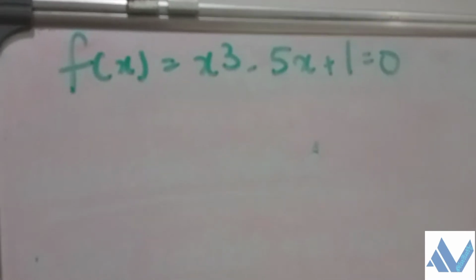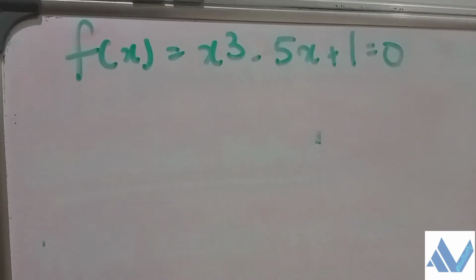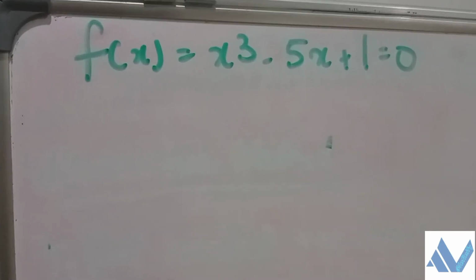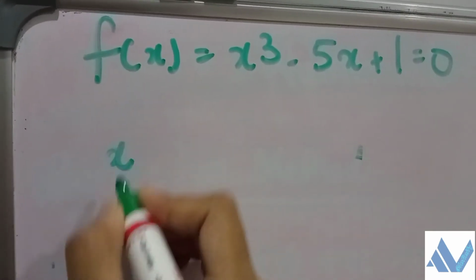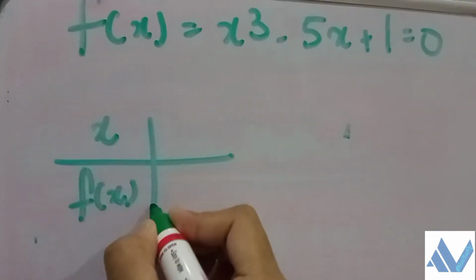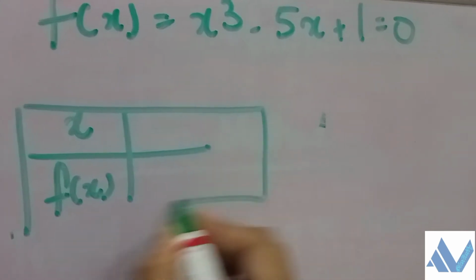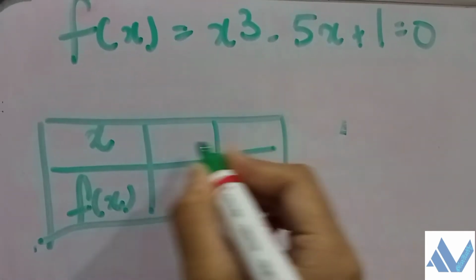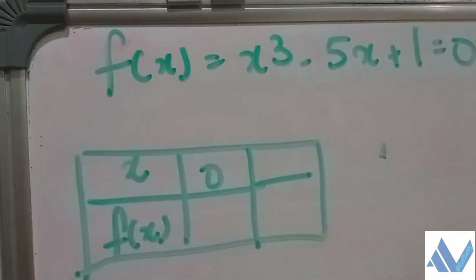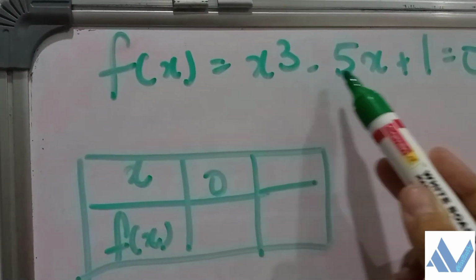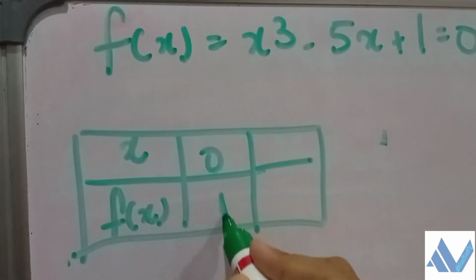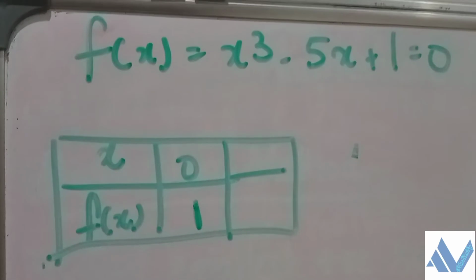Given the equation f(x) = x³ − 5x + 1 = 0, let us make a box first, x and f(x). First we are substituting 0. When we substitute 0 in the equation, x cube minus 5x, here it is 0, here it is 0, and we get 1. Now we will substitute 1 in the given equation.